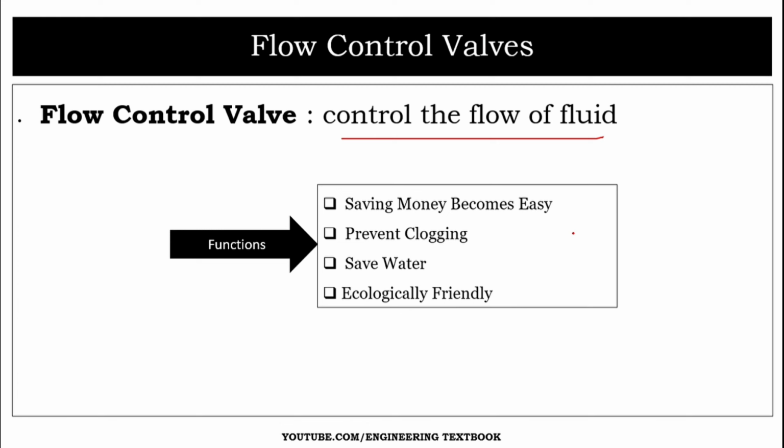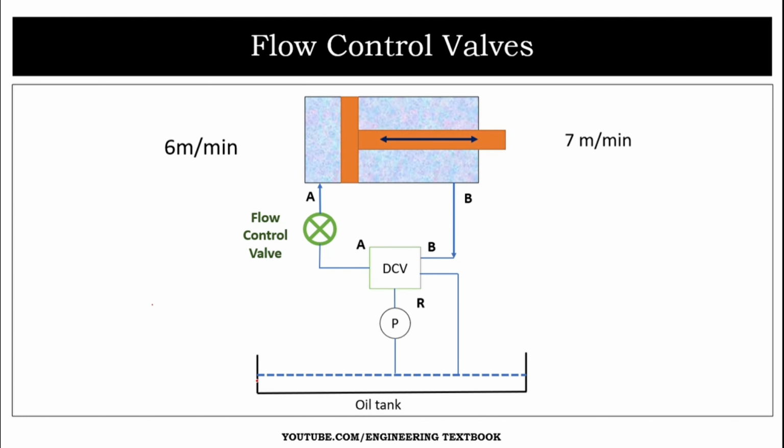So let's see exactly what a flow control valve is. As we see in the image, there is an oil tank, a pump, a direction control valve and a cylinder piston arrangement. And a flow control valve is attached between the direction control valve and the cylinder piston arrangement. So let's see why it is attached here.